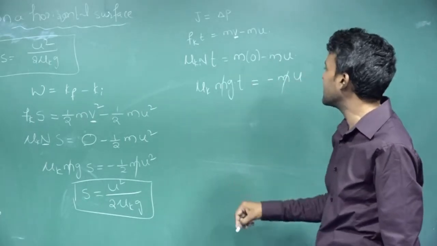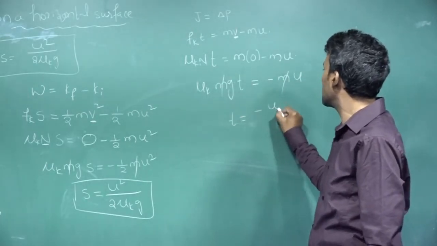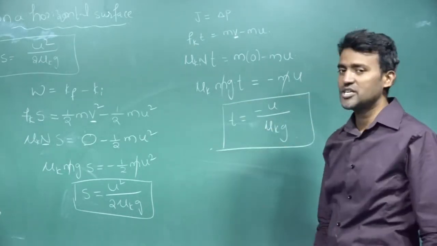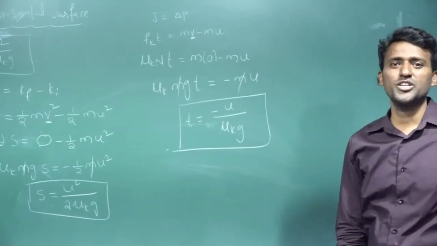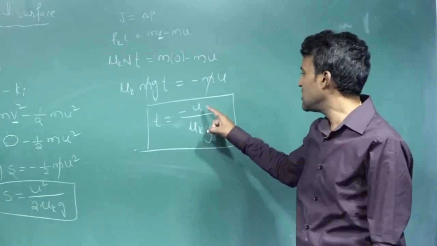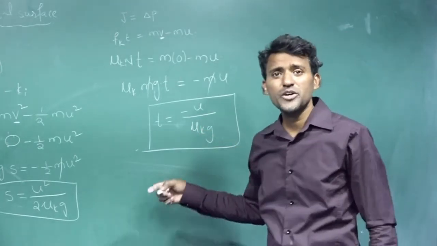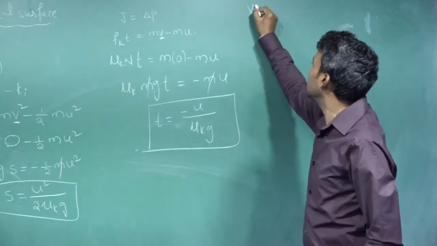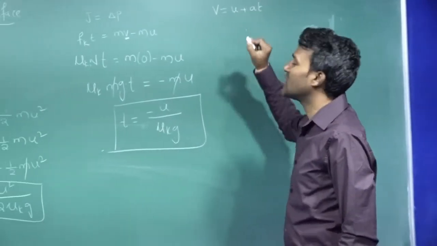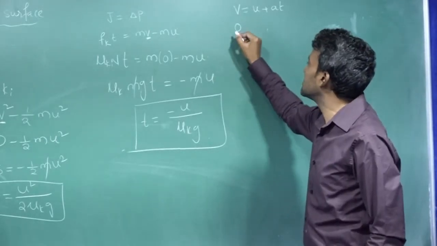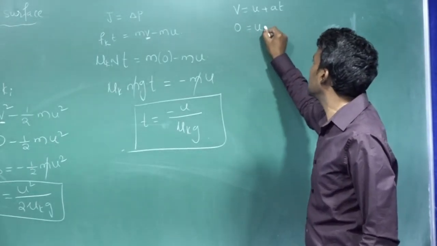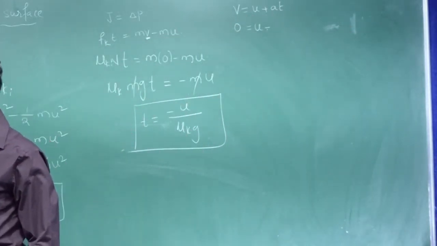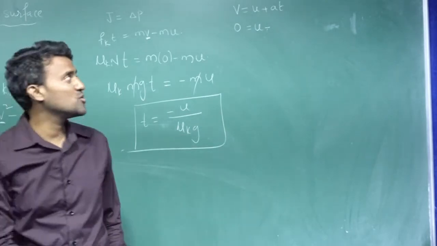Here both sides m get cancelled. t is equal to minus u divided by mu k into g. So the time taken by the body to reach point B is u divided by mu k into g. We can get this equation by using the equations of motion. The first equation of motion: v equal to u plus at. Final velocity is 0 and initial velocity is u, and a is the acceleration. Just now we calculated the acceleration, which is mu k g.